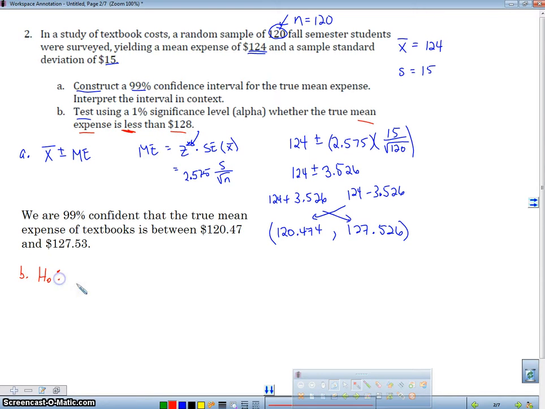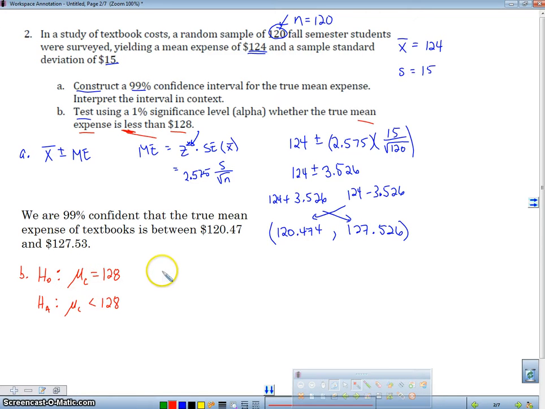So our null hypothesis is going to be that mu of textbook costs, so I'm going to put C, is equal to 128. Now some textbooks will say greater than or equal to because our alternative here is less than 128, okay, because that's what we get from here. But I like to go with the equal sign, so I'm going to stay consistent and go with the equal sign. This would be the first thing we do.